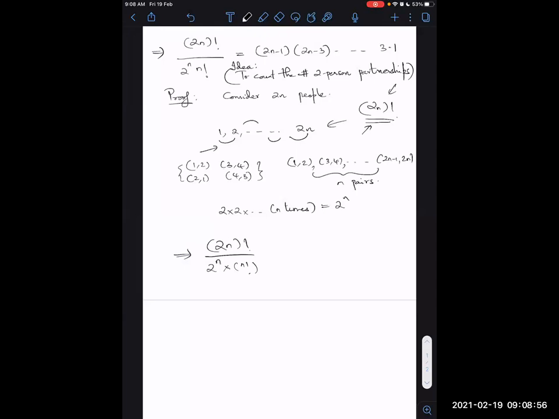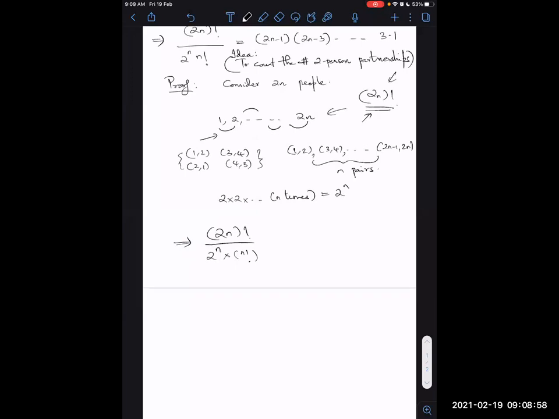Okay. So now we just have to see how it's equivalent to RHS, and that's much easier. So what you have to do is you pick the first person. He can form partnerships with 2n minus 1 people. Okay. And now two people, 1 and whichever person 1 formed a partnership with, are taken out of the system.